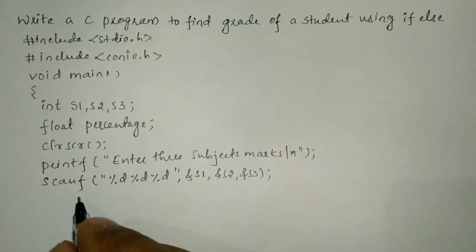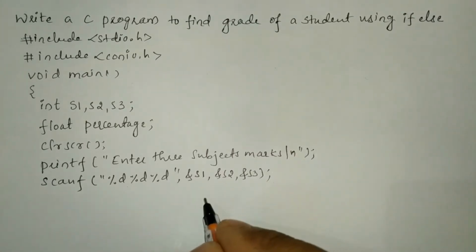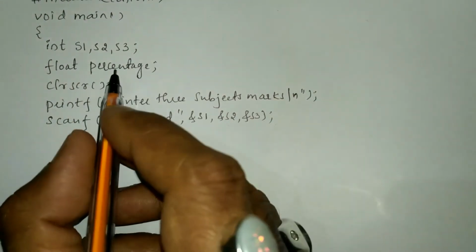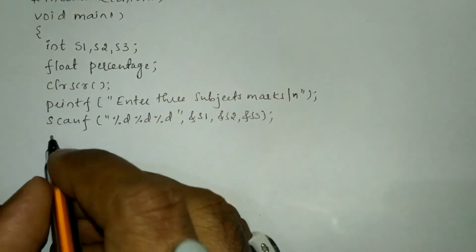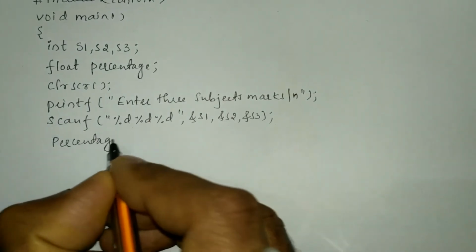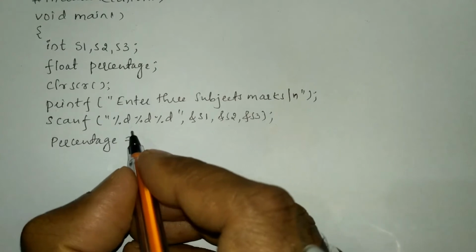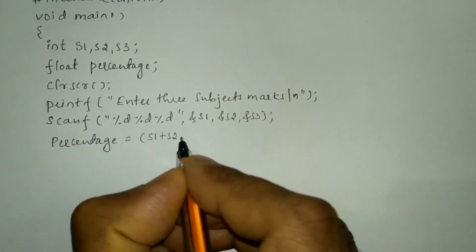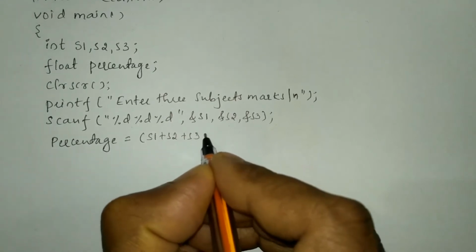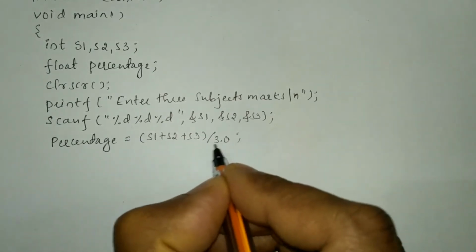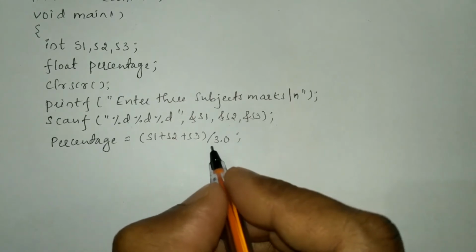Now we want to calculate the percentage after receiving the 3 subject marks. For that I need to use this percentage variable. So here I'm going to write percentage = (s1 + s2 + s3) / 3.0, because we have 3 subjects, it has to be divided by 3.0.